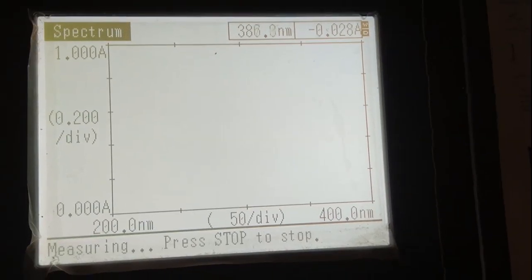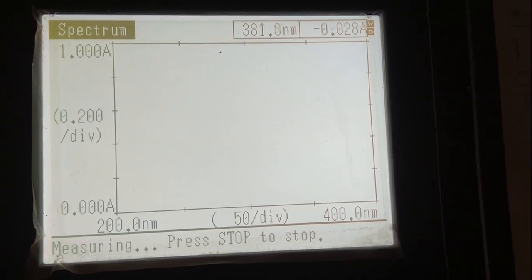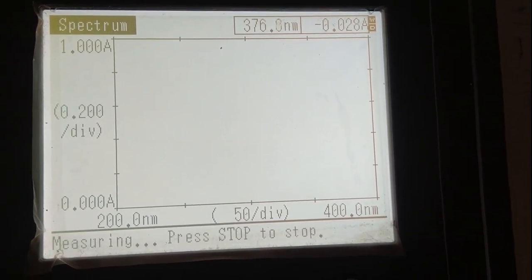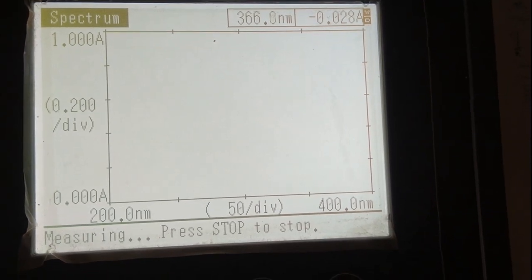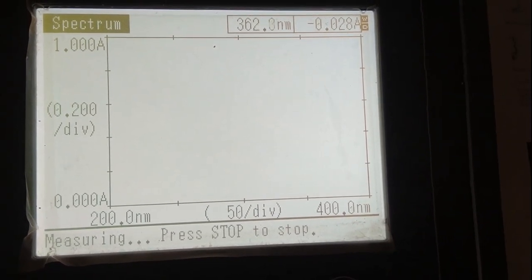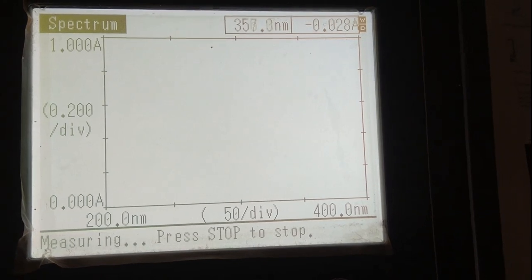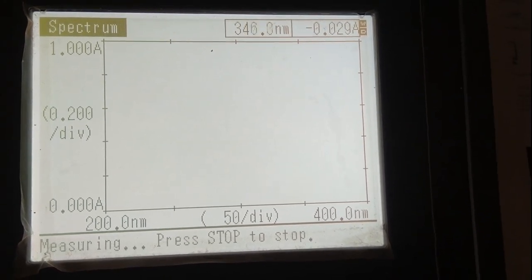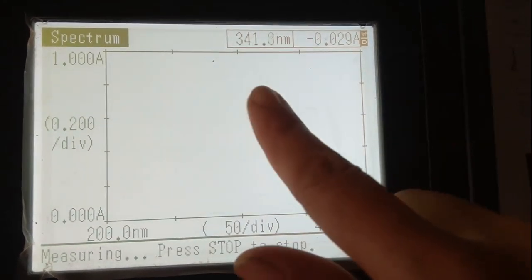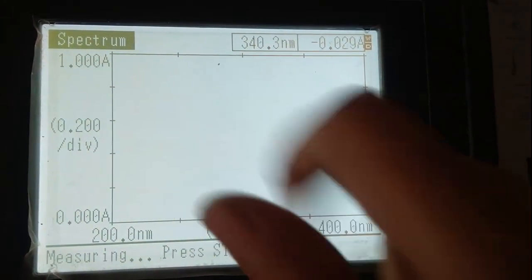So you can see the scanning has started from 400 nanometer. You can see here the wavelength is changing.